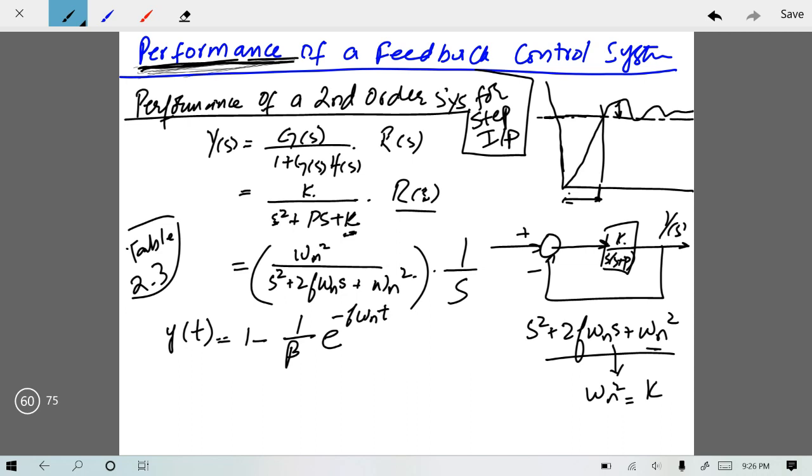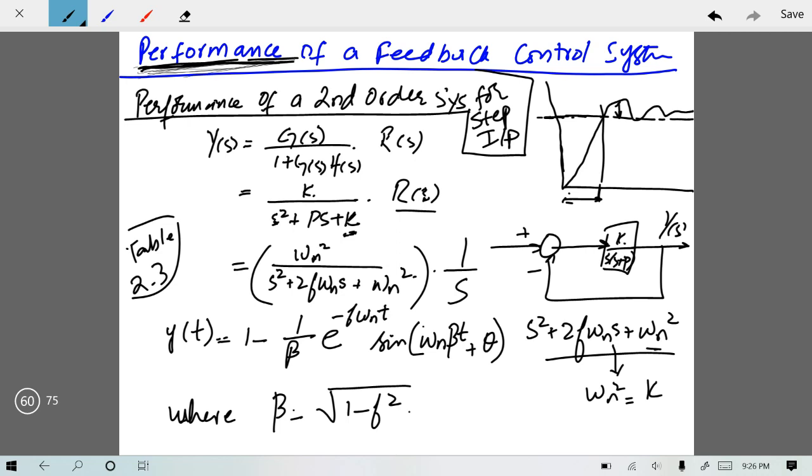We applied inverse Laplace to this equation and came out with sine of omega n beta t plus theta, where beta is equal to under root 1 minus zeta square. You see there is no beta over here, so where does it originate? This beta is basically under root 1 minus zeta square. They have written it as beta, some variable.